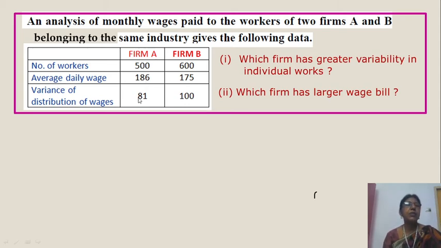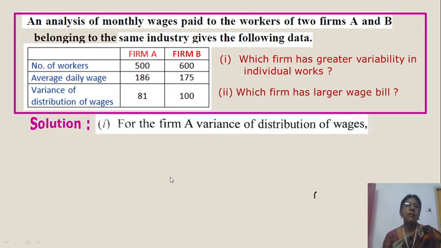Variance of distribution of wages is 81. In firm B, 600 workers, daily wage is 175 and the variance of distribution is 100. There are two questions. Which firm has greater variability in individual wages? Second, which firm has a larger wage bill?